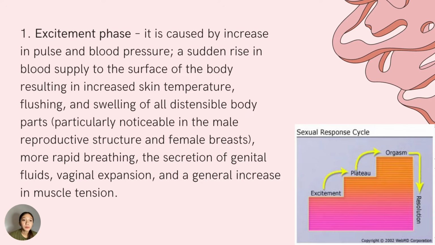Umiinit na yung katawan, and sa males unti-unti nang nag-e-erect yung kanilang male parts, as well as sa female, yung breast nila may noticeable na change. Bumibilis din yung breathing, and the secretion of genital fluids and yung vaginal expansion ay dito din nagaganap, and muscle tension.